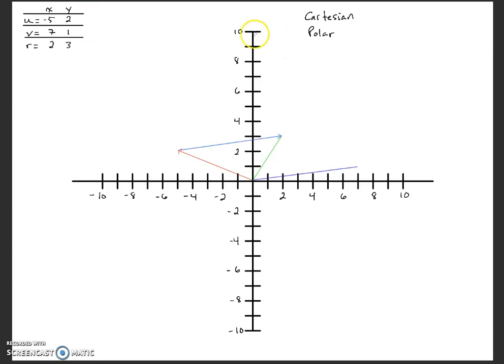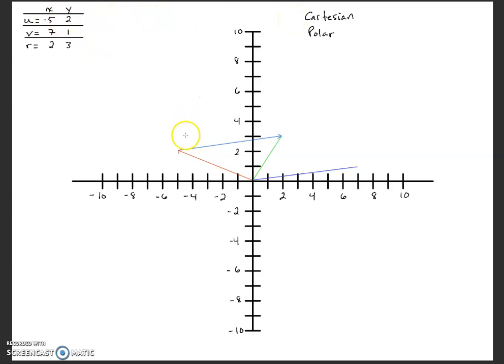What we have here is I've given you 2 vectors. The u vector, I'm just giving these letter designations. There's nothing written in stone about this. So the u vector, the v vector, and then the resultant. What I've given you here is the Cartesian coordinates, what we would call rectangular. So the x and y.